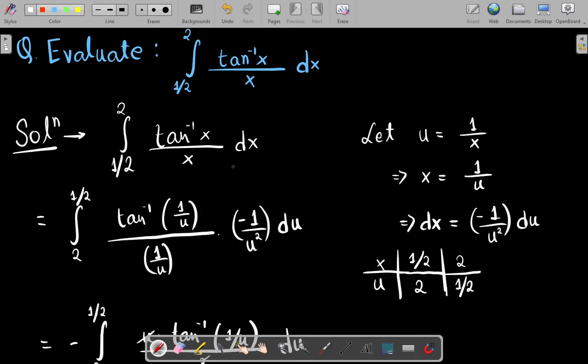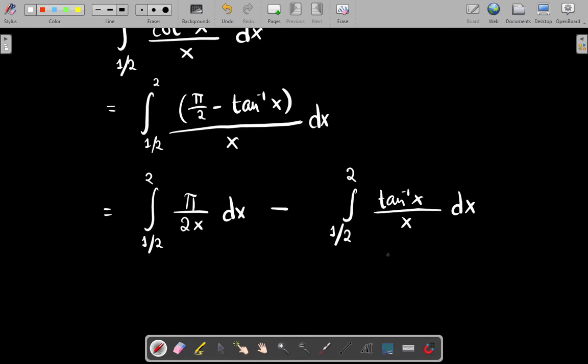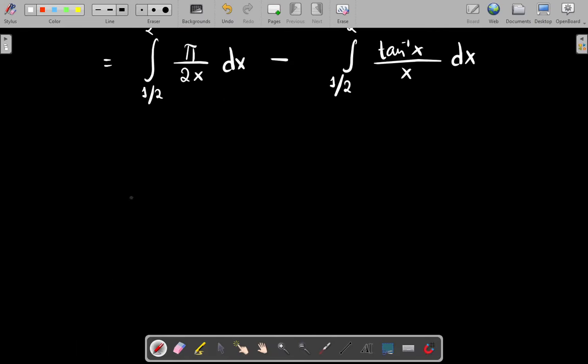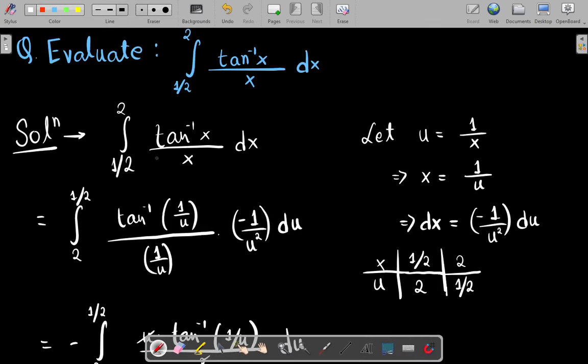You see, this was the original integral, which now also appears on the right hand side. If I take this entire integral to be I, this becomes something minus I.